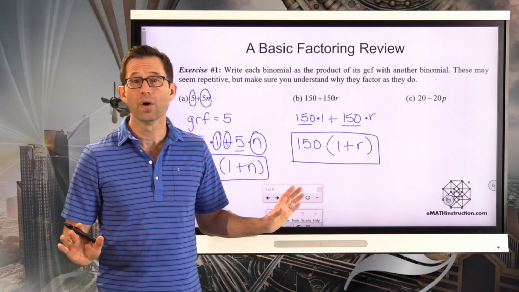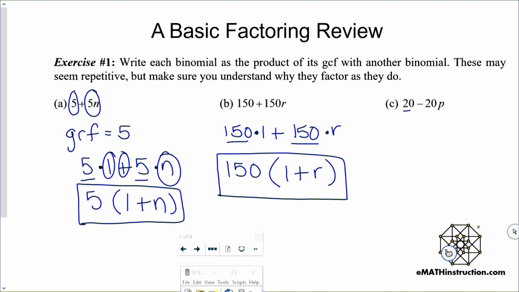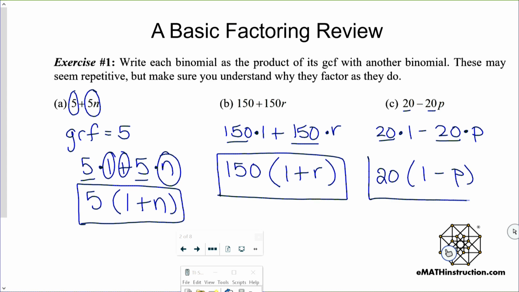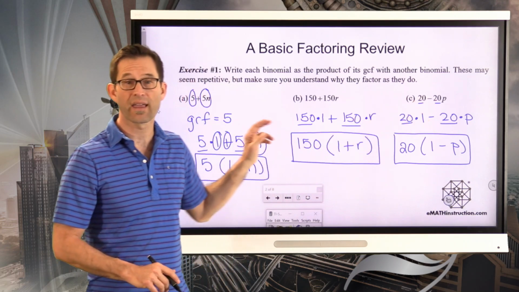Subtraction works no different, right? If I have 20 minus 20p, the greatest common factor just is that 20, so I can look at this as 20 times 1 minus 20 times p. I can then factor that 20 out, and I'll be left with 1 minus p. Now, it'd be very understandable if you're wondering right now why it is that I always had the variable second, right?